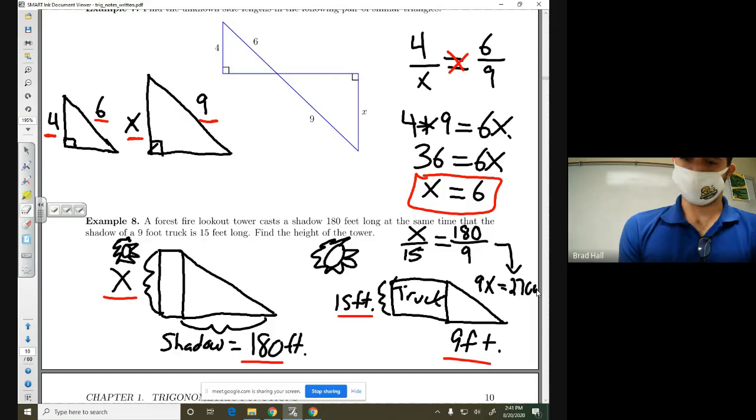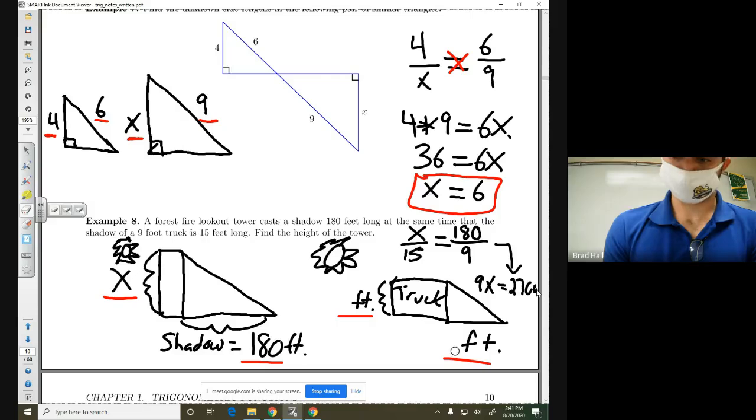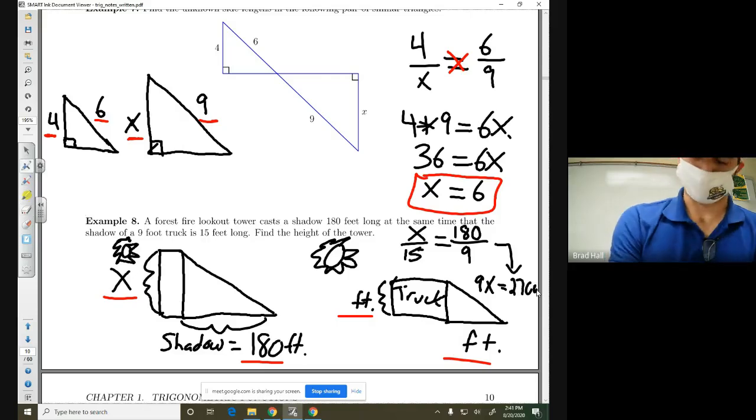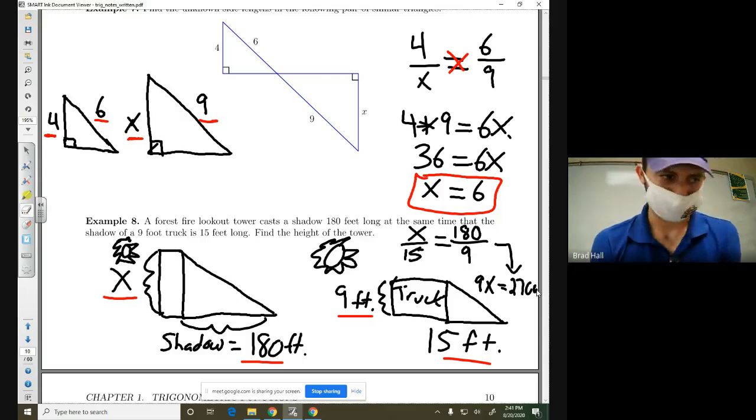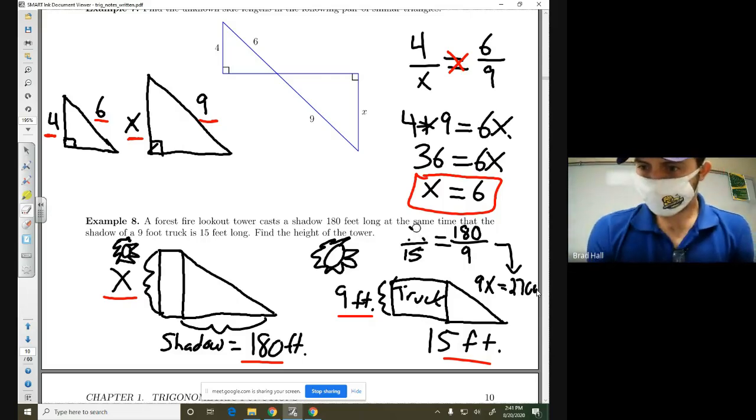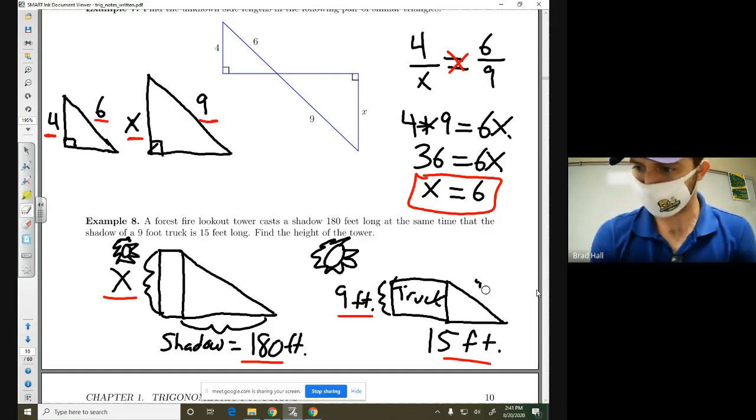Yes, 9-foot truck. Oh my goodness, wow. I don't even want to look at it. All right, let me try that again. That's 9 foot. That's 15 foot. I'm so sorry about that. I even have it written down in my notes right here. I swear I was trying to be prepared.